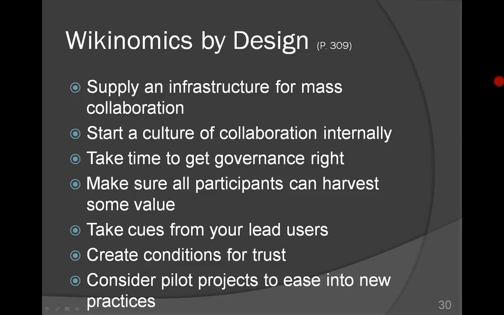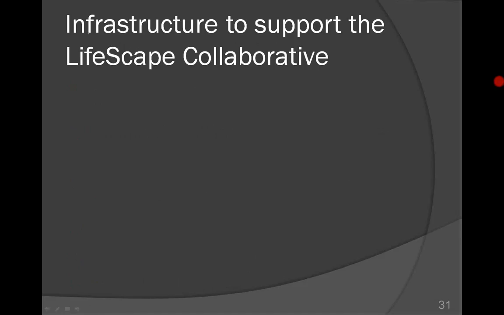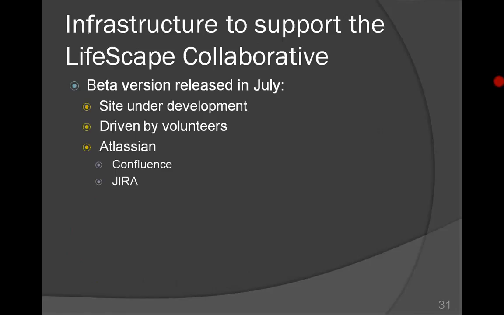Take the time to get the governance right. Some organizations take years to do it. Make sure all the participants and volunteers can harvest some value. Take cues from your lead users, create conditions for trust, develop a community, and consider pilot projects. Those are the major things I gleaned from that for this presentation.